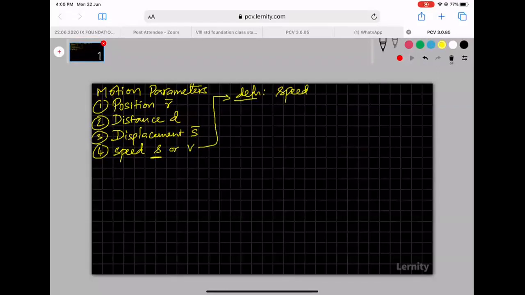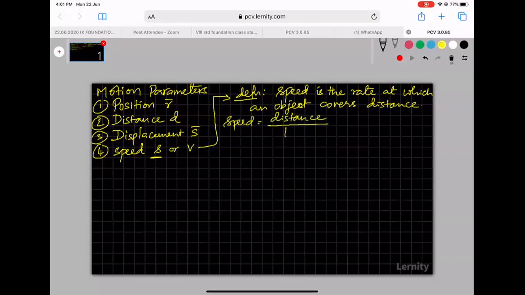Speed is the rate at which an object covers distance. Mathematically, speed is nothing but distance divided by time.